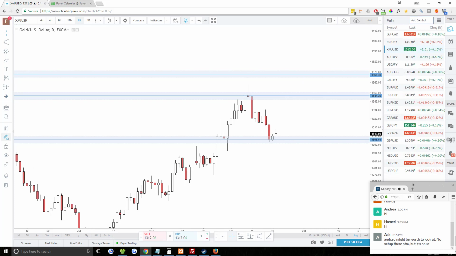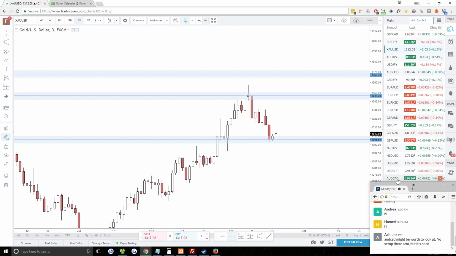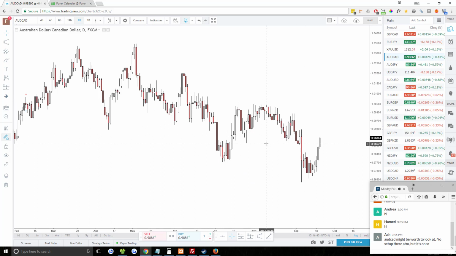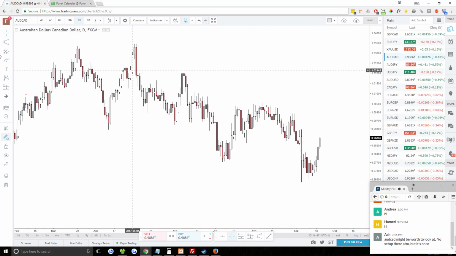All right, Ash, thanks for the heads up on EURJPY. Let's add it to the list. All right, I'm going to place my own support resistance real quick on this one. Bit tough to place support resistance on this, bit messy.